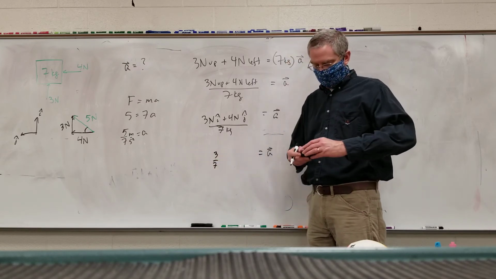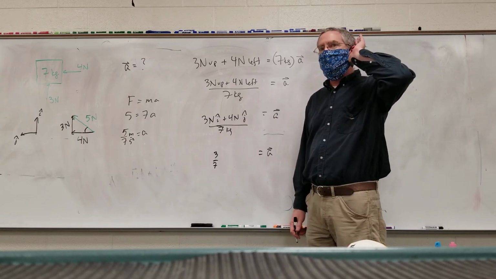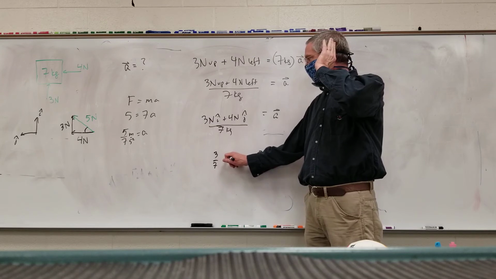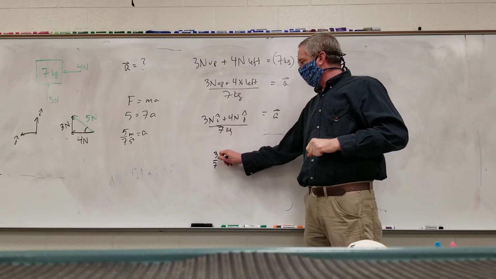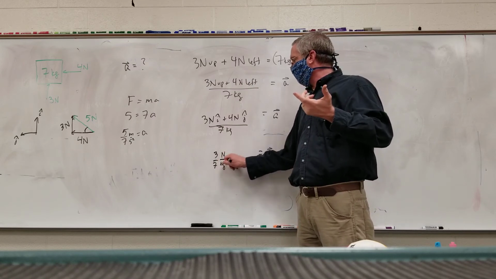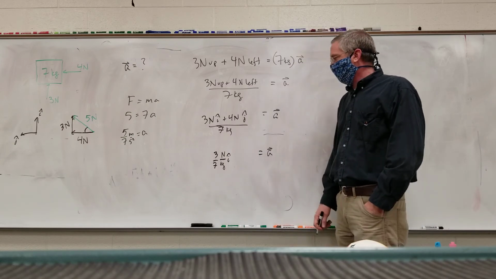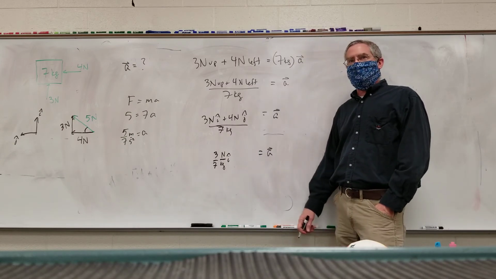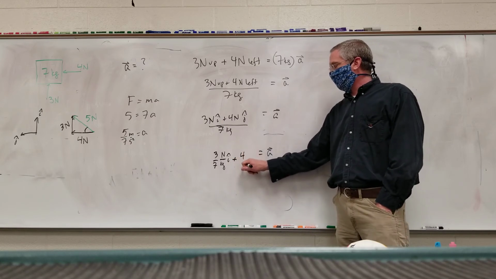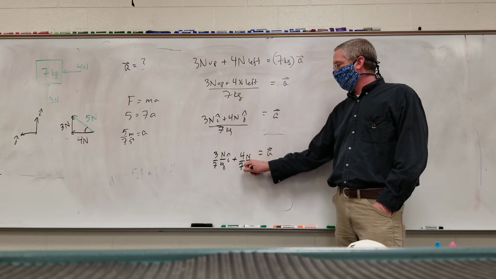And it's going to be newtons I hat, and then divide by kilograms. So newtons I hat over kilograms. Traditionally, newtons per kilogram I hat is the more traditional way of writing it. And then plus 4 over 7 newtons over kilograms J.